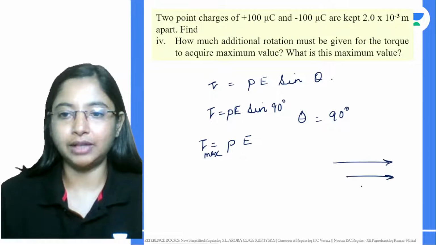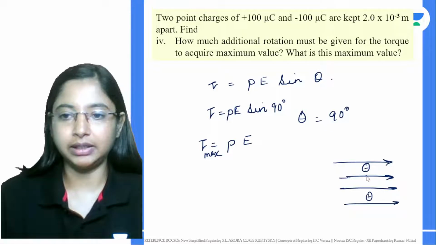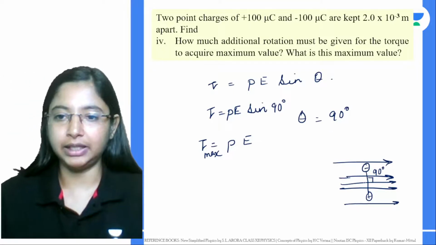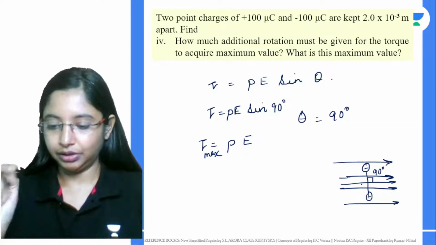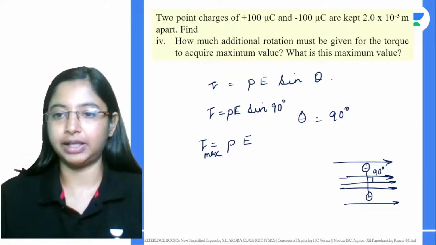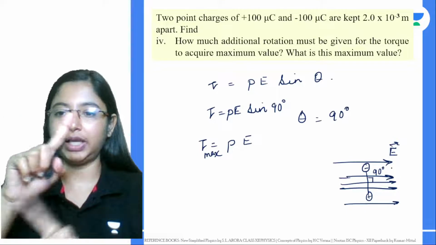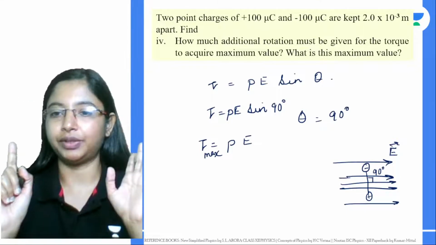Meaning, if the dipole is aligned negative to positive, and the angle this dipole makes with the electric field lines is 90 degrees, then the dipole has to completely rotate to align itself with the external electric field line.